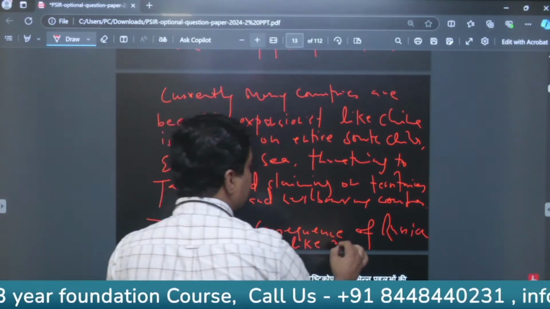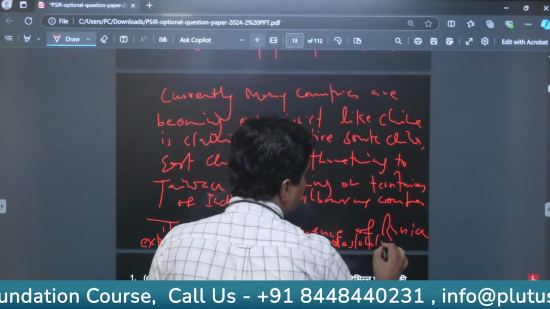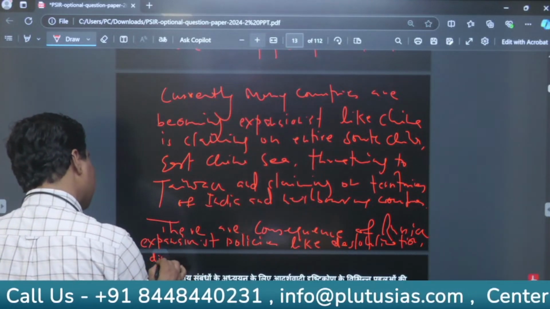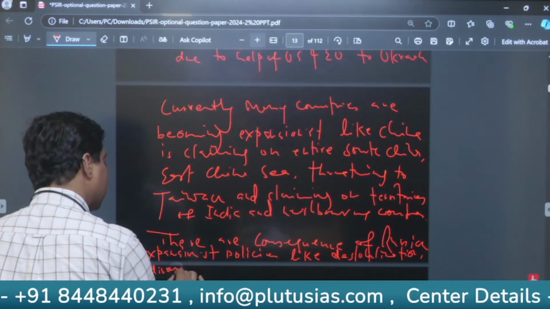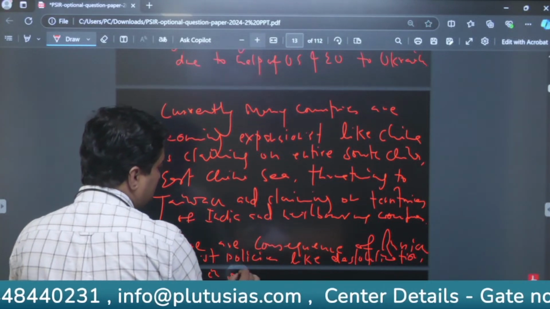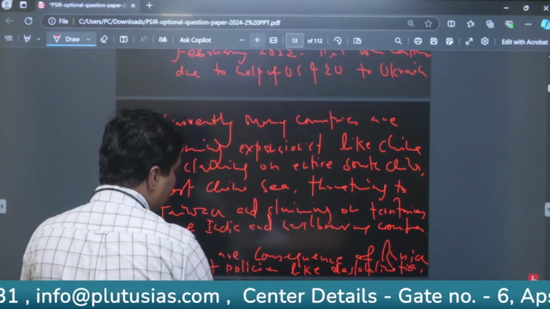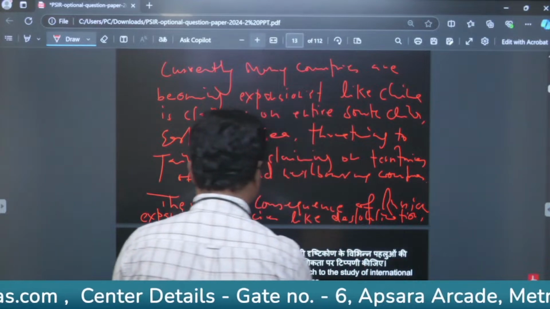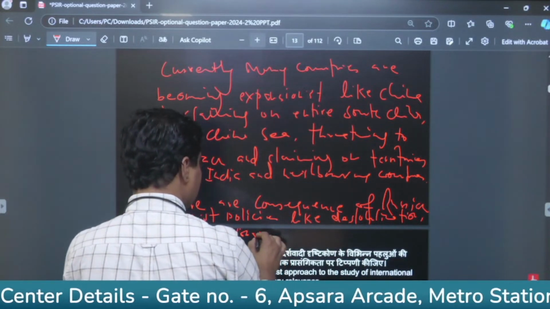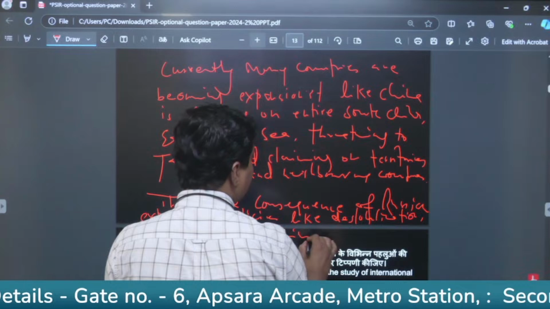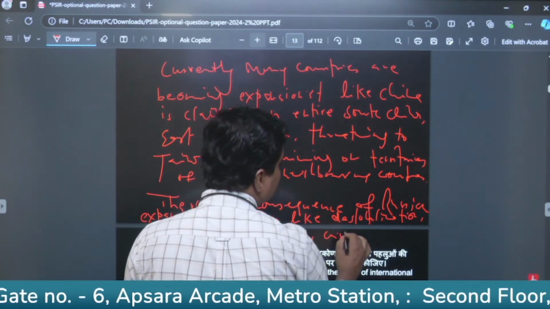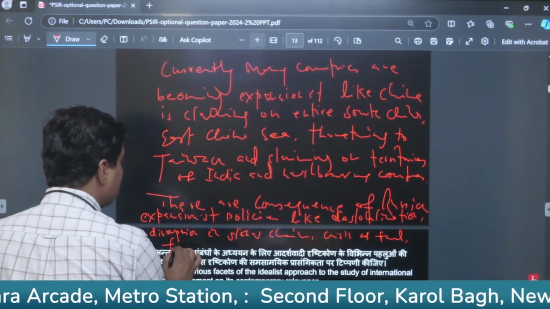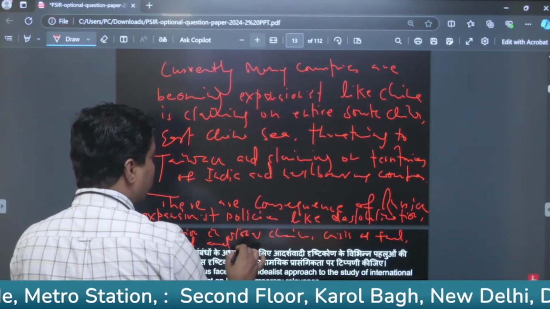Like deglobalization, disruption in global supply chain, crisis of fuel, food and fertilizer worldwide.